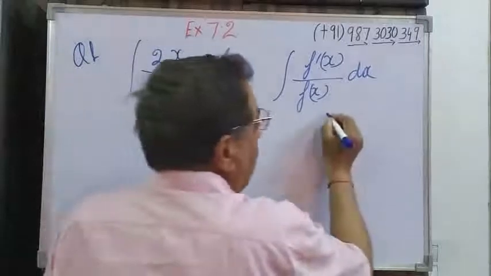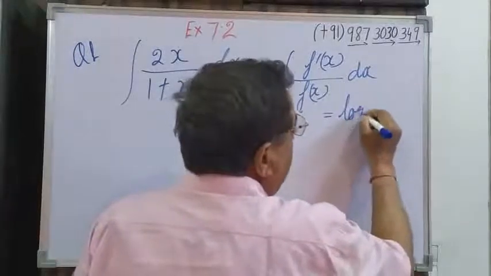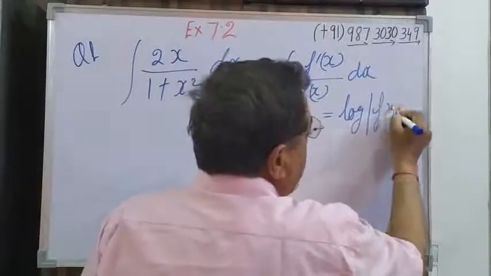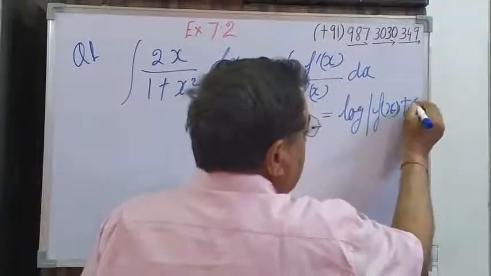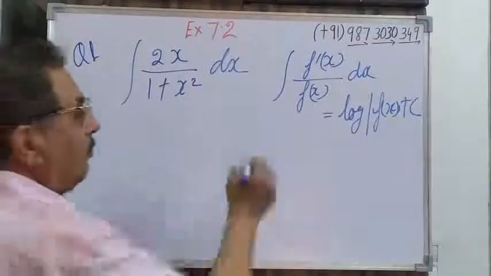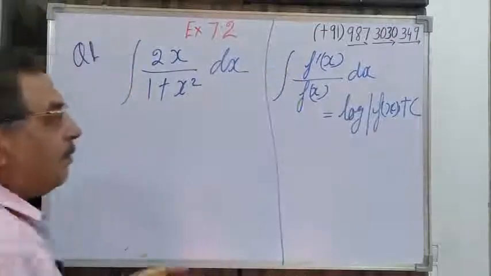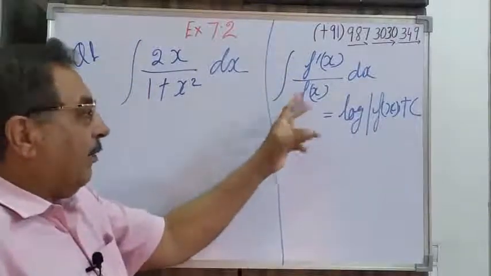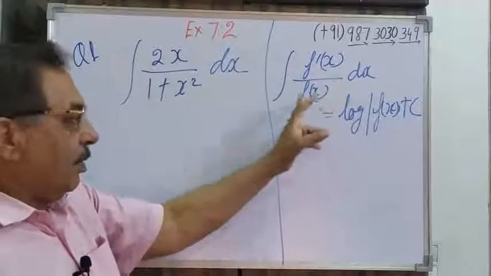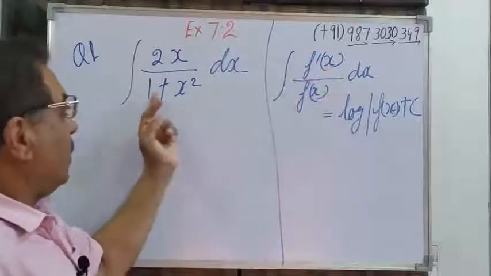So its answer would be log of f x plus c. How this answer comes up, I tell you again: it is of the kind function derivative over original function.